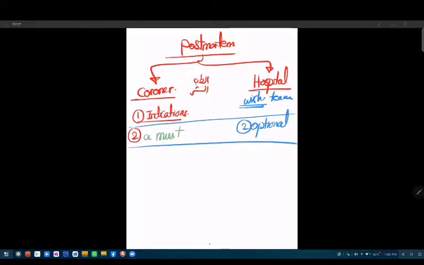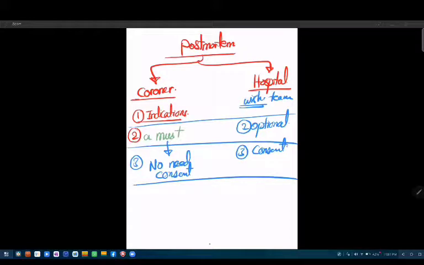He can say yes or no. Agree? And since the coroner is a must, there is no need for consent. It will be done whether he likes it or not. This is the law. But when it comes to the hospital, we need a consent. Otherwise, we will go to prison.